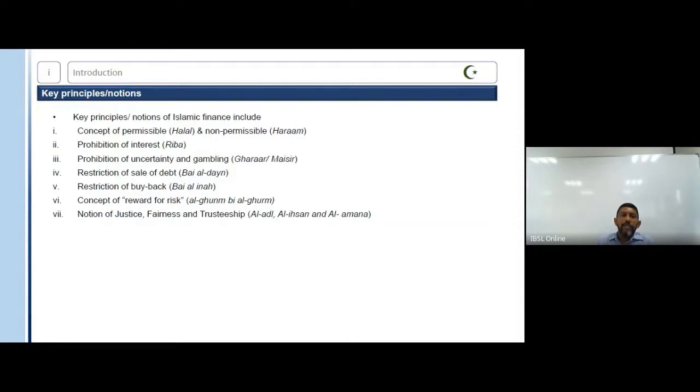Number 4, restriction on sale of debt. Restriction on sale of debt means any debt can be transferred to another party only at par value. So if I have an IOU from my friend A, I can transfer it to my friend B at par value: an IOU of 100 rupees from my friend A, I give it to my friend B at 100 rupees.